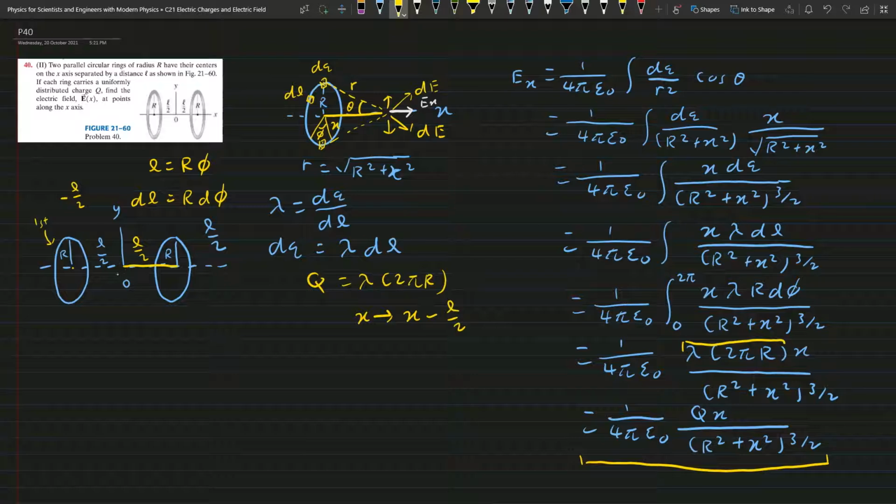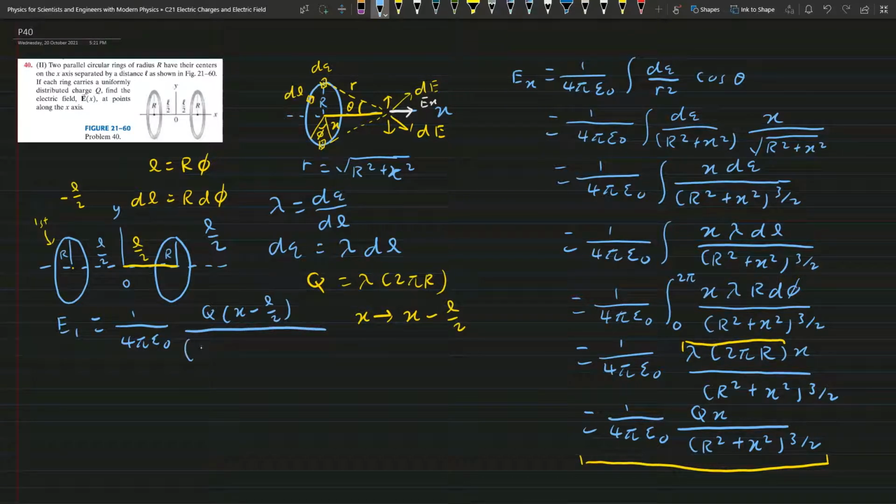Now the electric field due to the first ring is given by 1 over 4 pi epsilon, Q times (x minus L over 2) over R squared plus (x minus L over 2) squared, to the 3 over 2.